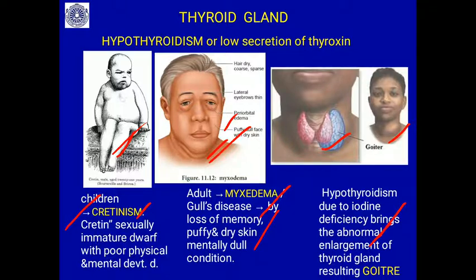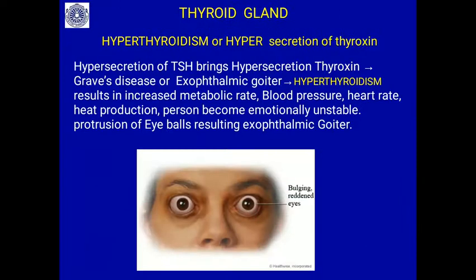That much iodine is there in the iodized salt. It is more in fish and milk products, dairy products, and also spinach and some green leafy vegetables are rich in iodine. So we have to supplement our body with proper iodine through diet, so that we can avoid this condition.